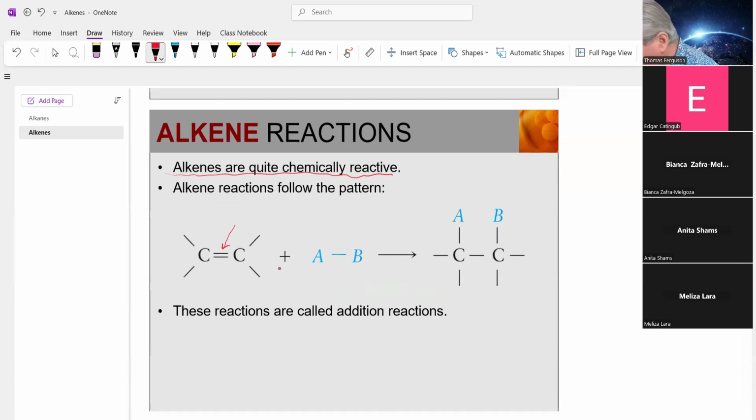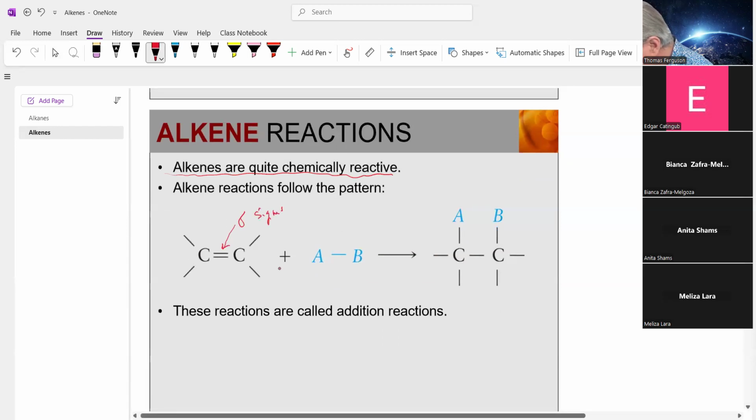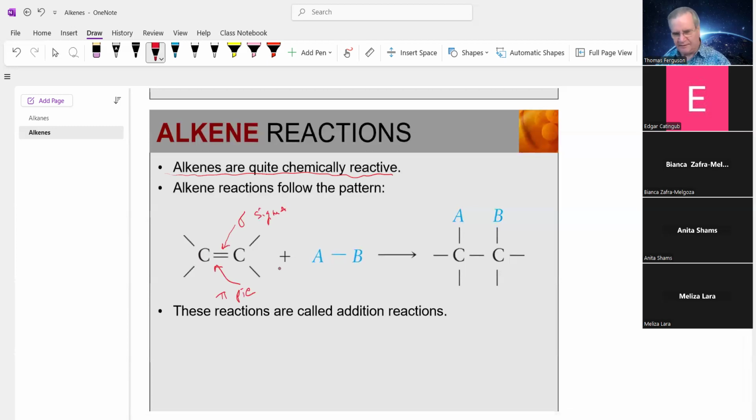The bond that is stable is called a sigma bond. The bond that's unstable is called a pi bond. The electrons in the pi bond are the unstable ones. The electrons in the sigma bond are very stable.